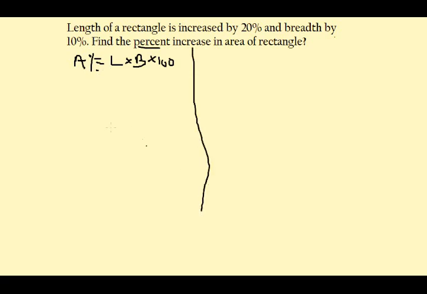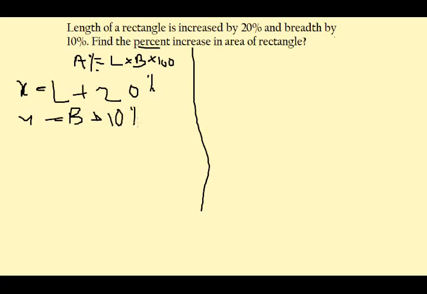Now let us consider the new length to be x, equal to L plus 20%, and y equal to breadth plus 10%. Remember, x and y are the new length and breadth of the rectangle, which have been increased by 20 and 10% respectively.